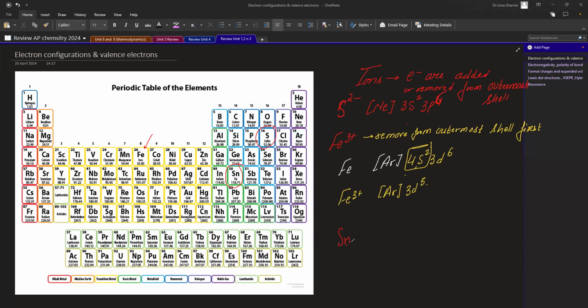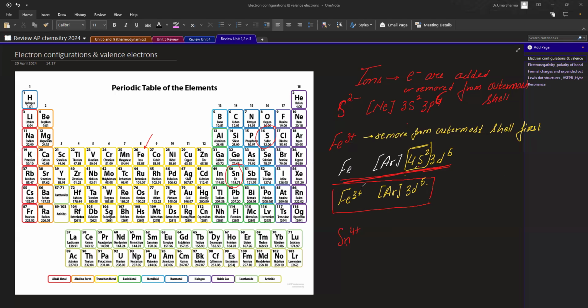I'm not asking tin 2 plus, I'm asking tin 4 plus. Yes, Isabella, ask your question. Are you confused about this one? This is the configuration. Are you okay with the configuration? Then what is the outermost shell? 4s. So you are going to remove.